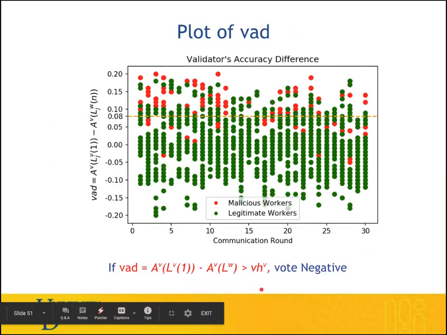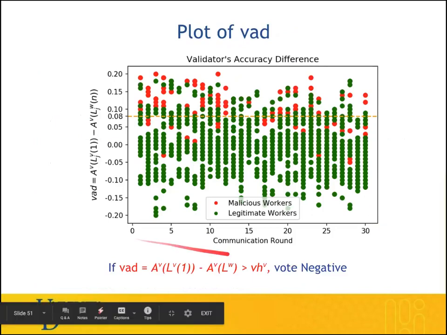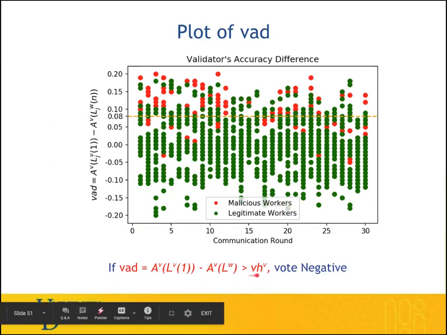Here is the plot showing the first 30 communication rounds of this VBFL execution. The x-axis is the communication round, and the y-axis indicates the VED value. And recall that the VED value is the difference of these two accuracy values.